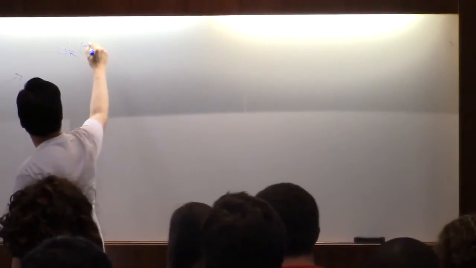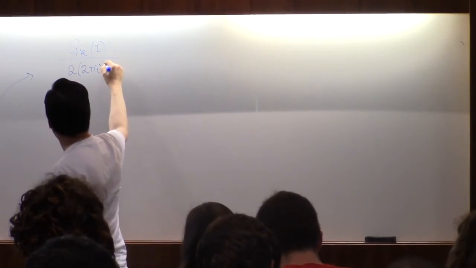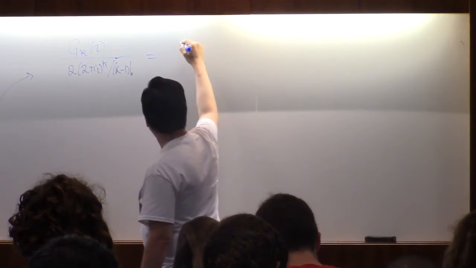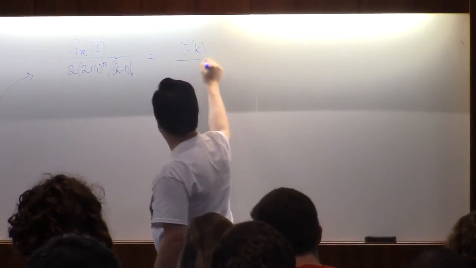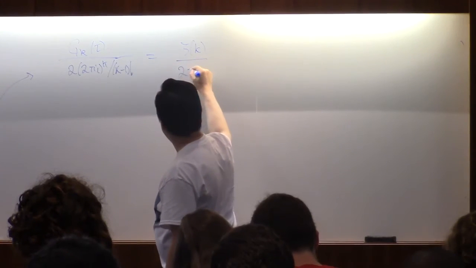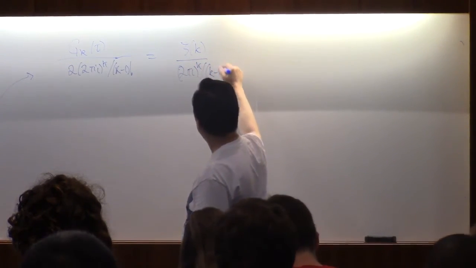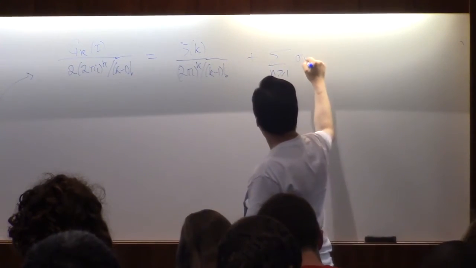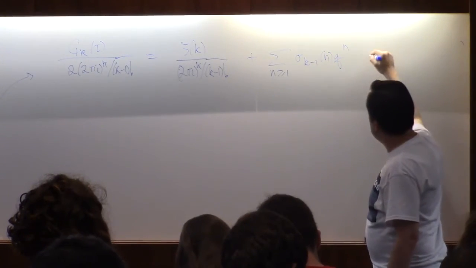And so what this tells us is G_k of tau, if you divide it by (2 pi i)^k over (k minus 1) factorial, so if you divide by that number outside this summation, the 2's will cancel, and you'll be left with zeta of k over (2 pi i)^k over (k minus 1) factorial as the constant term plus this.